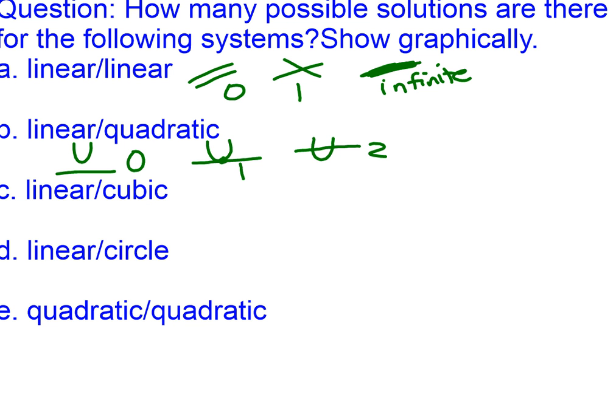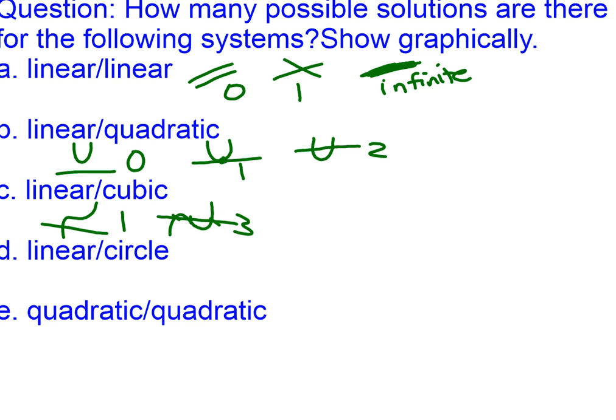Then for a linear and a cubic, we can have that cubic equation, and it could have one solution, and it could hit 3 times: 1, 2, 3.